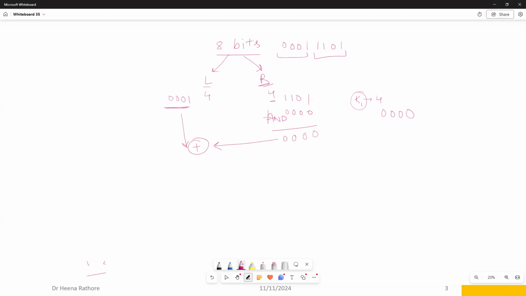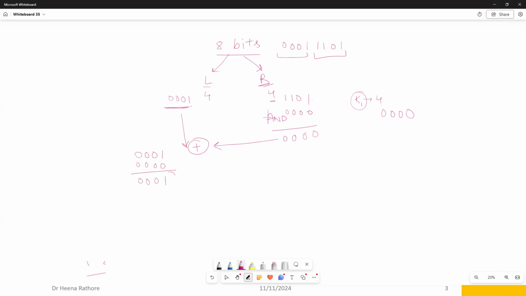If you remember, the XOR operation will always give you a 1 when the bits are opposite. So 0001, which is this, and 0000, which was the resultant that you got, the output would be 0001.